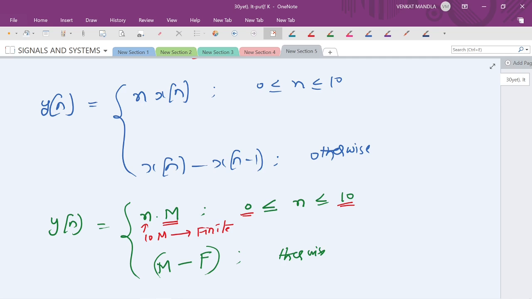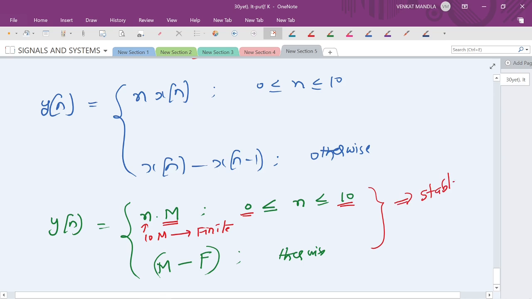Here we can't put n equal to infinity. So the maximum I can put is 10, and the minimum 0 times m is also finite. In between you can put any value, you will get a finite value. So that is why the system is stable. For finite input, we are getting finite output. So the system is stable.